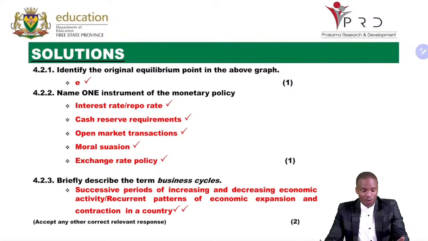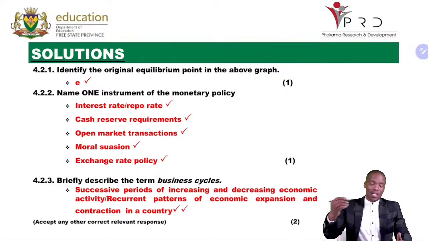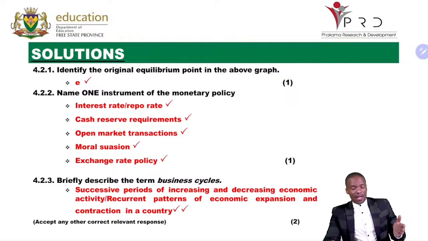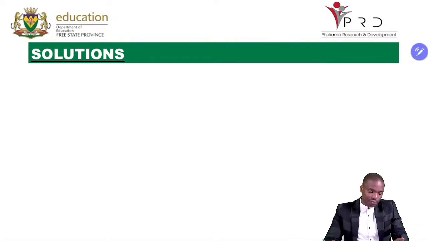The middle question, where we said briefly describe the concept of the term business cycle. This one we know that it's a successive period of increase and decrease in economic activities, or you could say it's a recurrent pattern of economic expansion and contraction in the country.